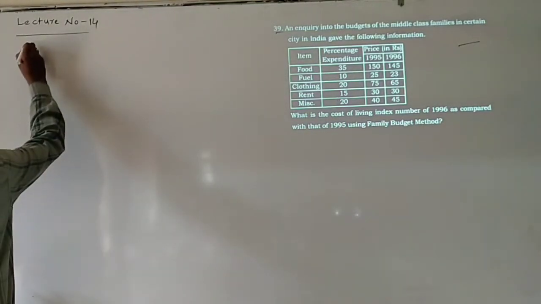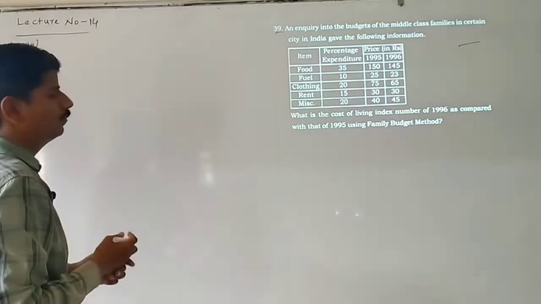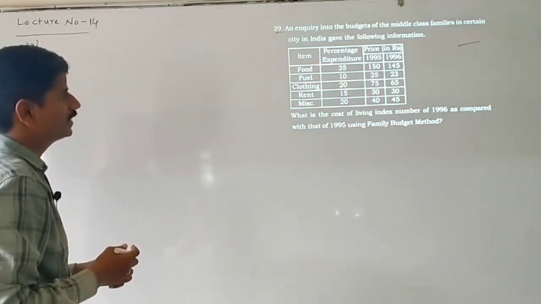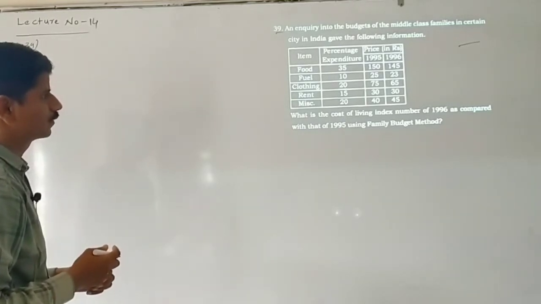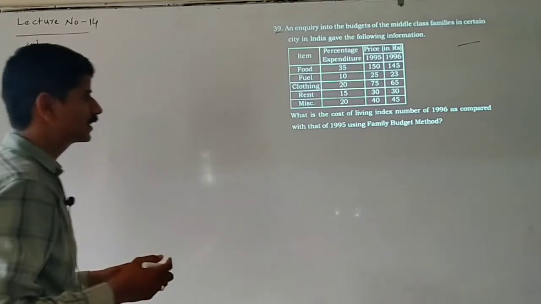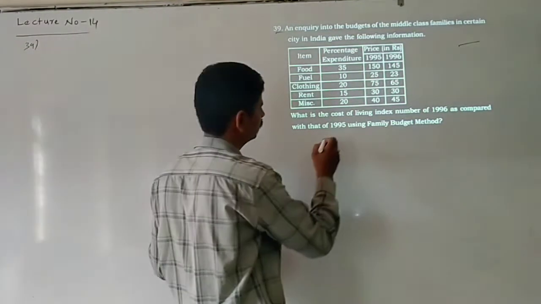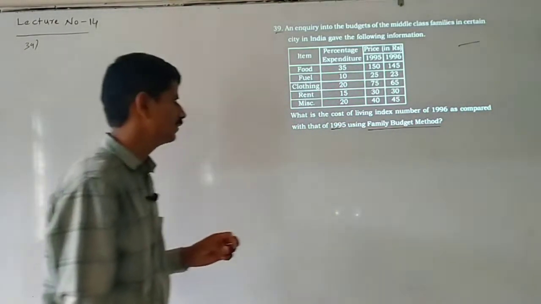Problem 39. Here they are given item, percentage expenditure, price in 1995 and price in 1996. You have to apply the family budget method.